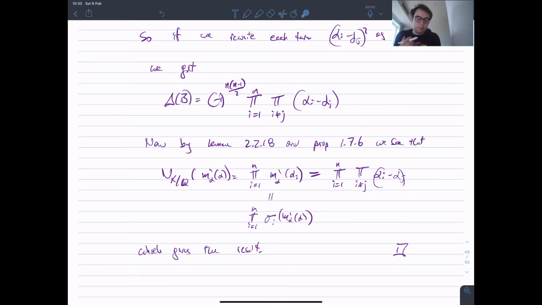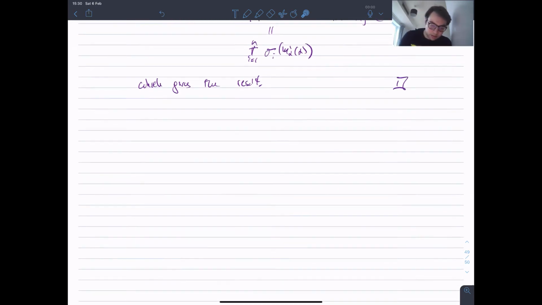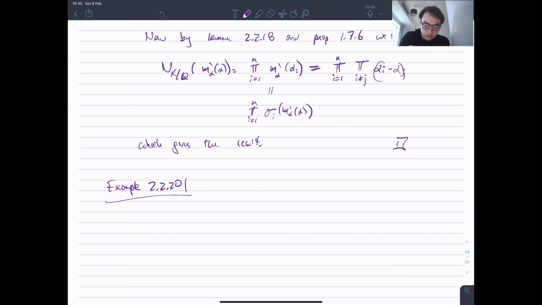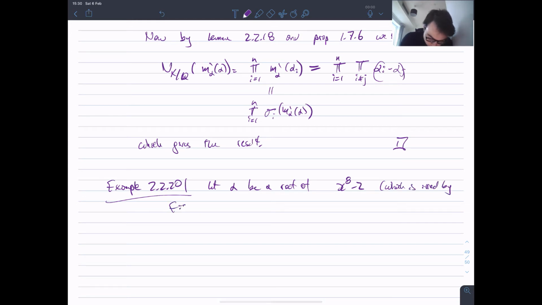So let me give you an example of why this is good. Example 2.2.20, let alpha be a root of x to the 8 minus 2, which is irreducible by Eisenstein with p equals 2, right?